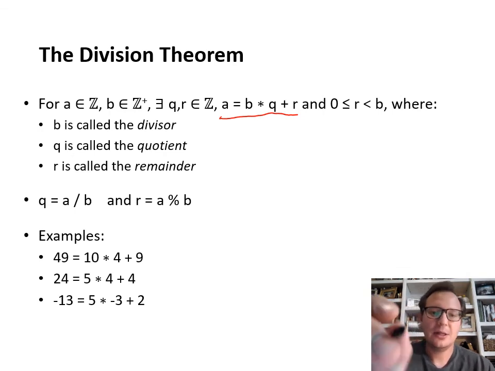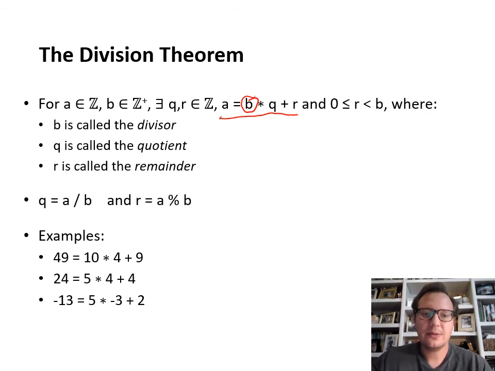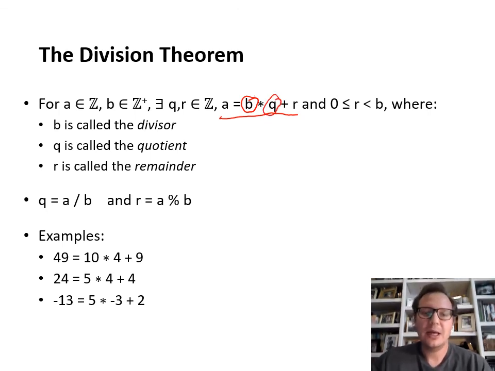Here b is the divisor, q is the quotient, and r is the remainder. So this is the theorem that we can use in our proofs when we have to prove properties about division. And here q is a divided by b and r is a modulo b.